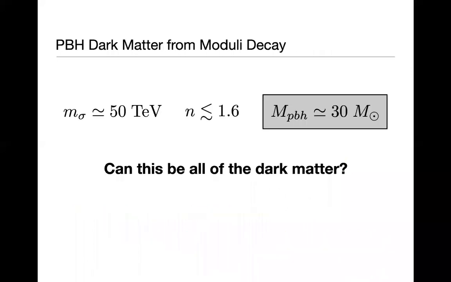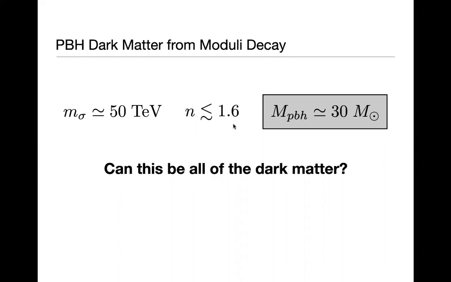So if you do that, let's say that you assume that the mass of the field is around the scale of, let's say, mini-split supersymmetry or whatever you like. But let's say in the TeV range, you have to restrict the power spectrum index to be less than around 1.6, otherwise you're in trouble.